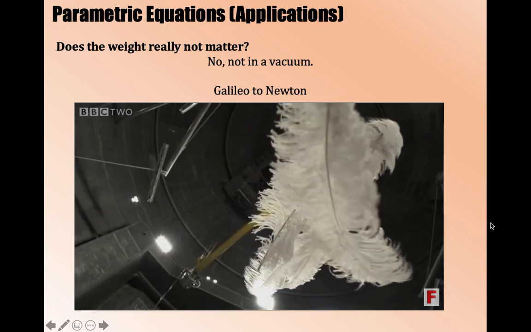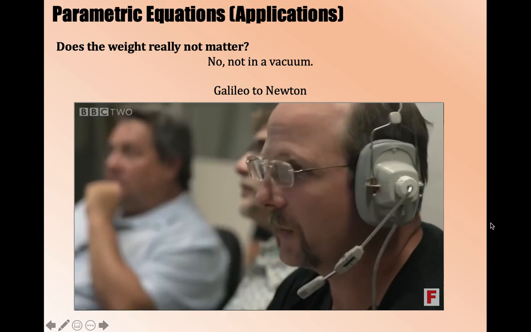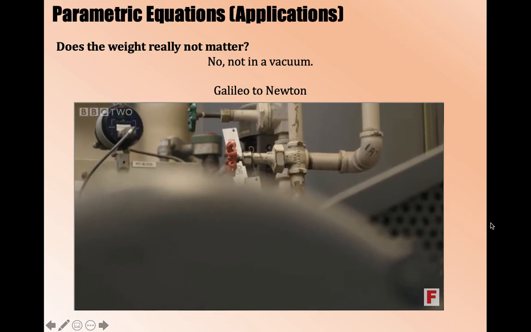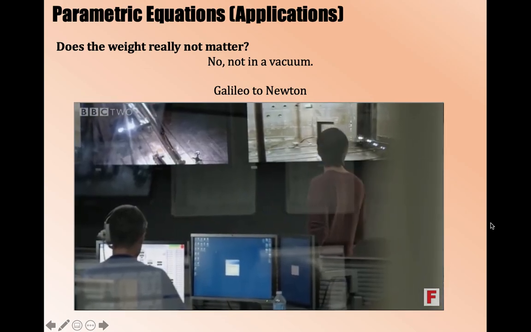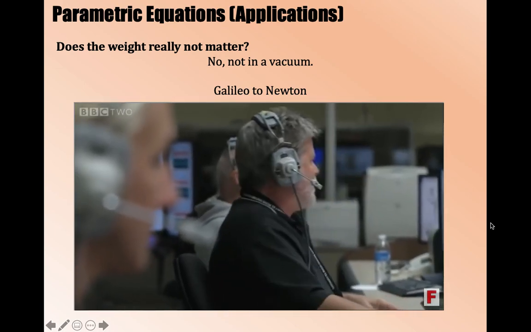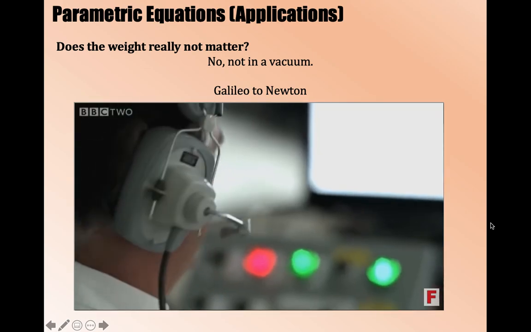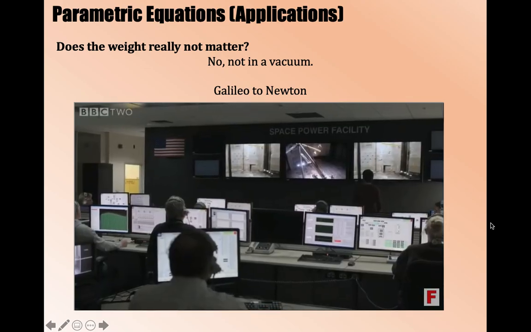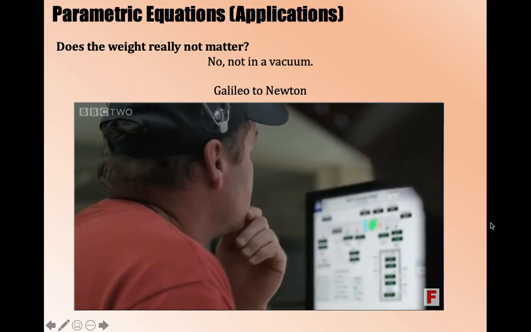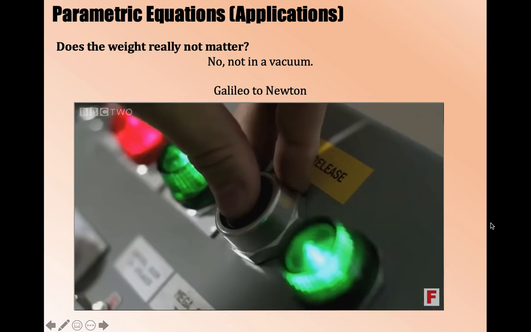So, in order to see the true nature of gravity, we have to remove the air. Once it's complete, there's a near perfect vacuum inside. Station 1, go for drop. We are go for drop. 10, 9, 8, 7, 6, 5, 4. Cameras on. 2, 1. Release.